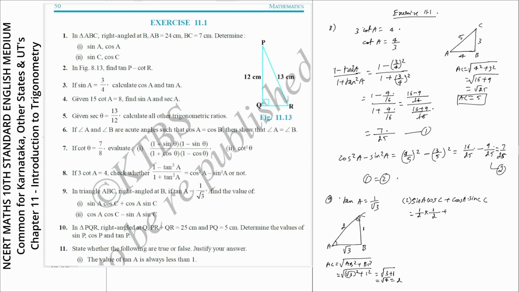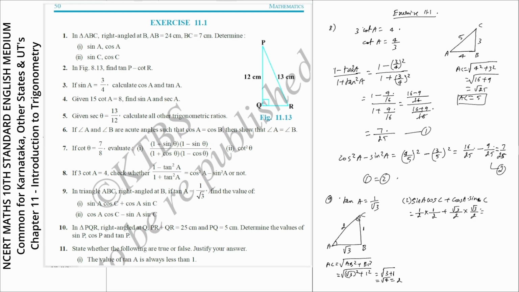So plus cos A, which is root 3 by 2, into sin C. Sin C is opposite by hypotenuse, that is root 3 by 2.